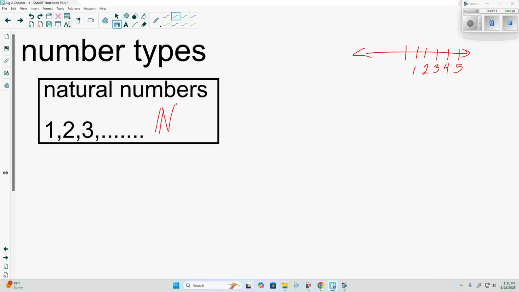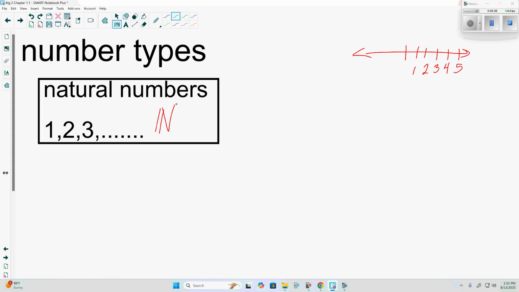When we start talking in higher level math, they will use this symbol, this N with two lines, instead of writing out natural numbers every single time. So that N is natural numbers, and these are our natural numbers.